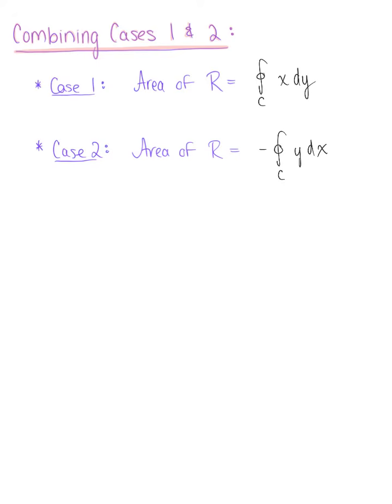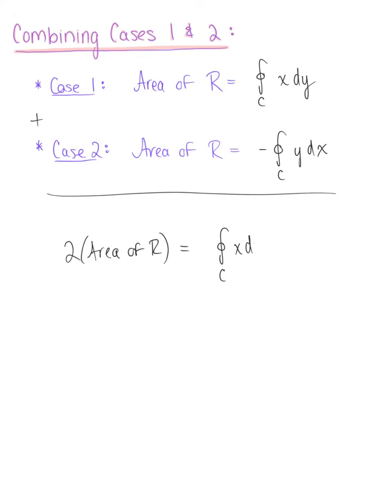If we were to add these two together, we would end up with 2 times the area of R. So twice the area of R is equal to the vector line integral over the closed curve C of x dy plus, a positive multiplied by a negative is negative, or minus the vector line integral over that closed curve C of y dx.